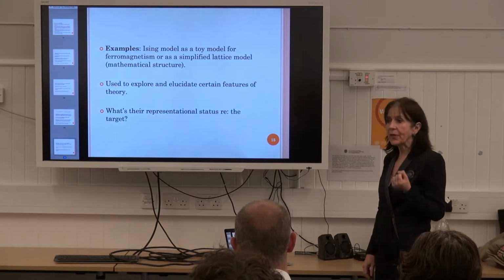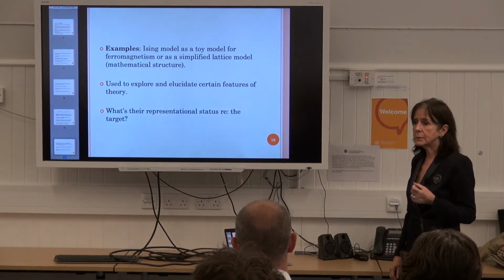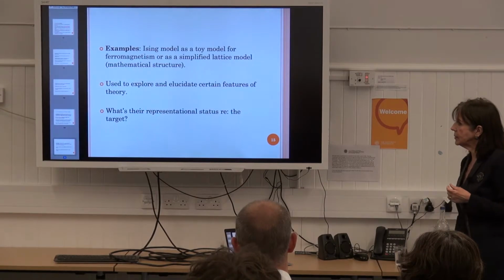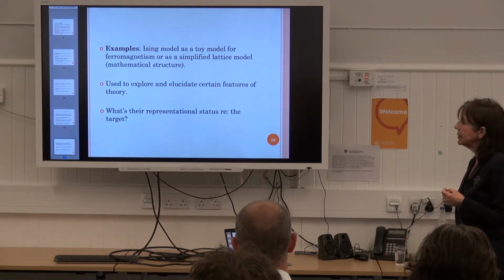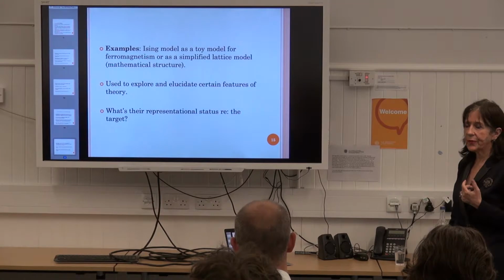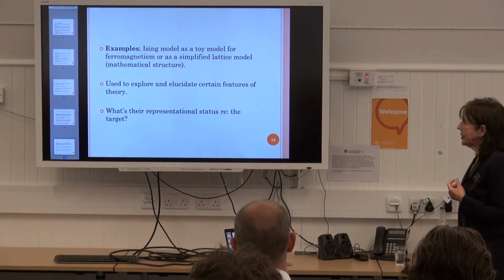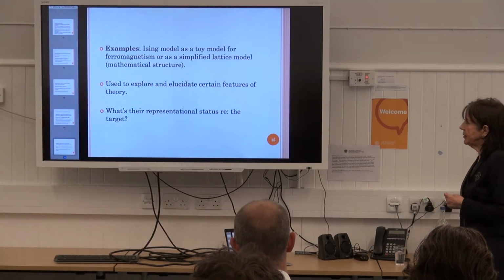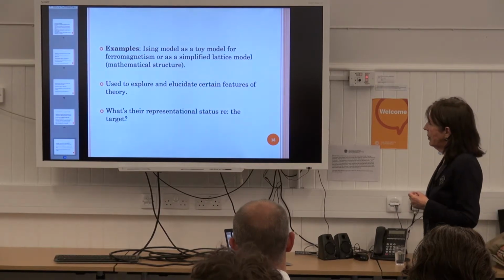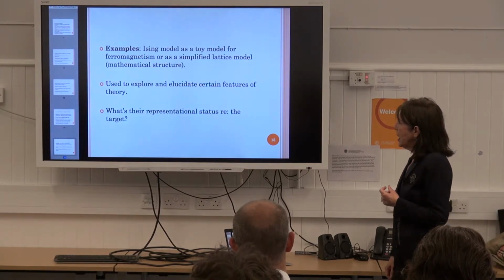An example of what you would call a mathematical toy model is the Ising model, used as a toy model for ferromagnetism, a simplified lattice model, a toy model of a mathematical structure.